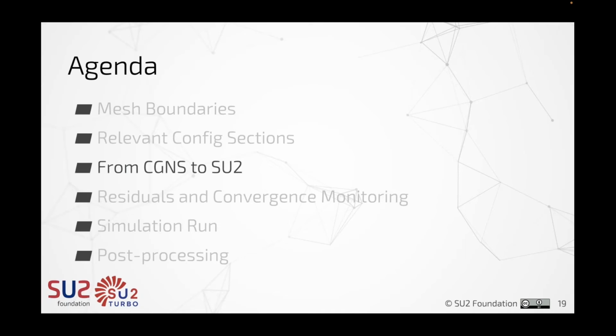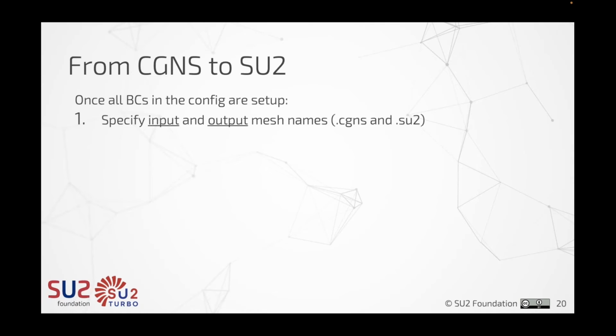All right. Now that we have set up all our config, we can see a way to convert our CGNS mesh to the SU2 mesh. People might be wondering, how do I get the SU2 mesh? Well, an easy way is that after you have applied boundary conditions to each of the boundaries in the config file, what you can do is just provide an input mesh in CGNS format and require an output mesh in SU2 format.